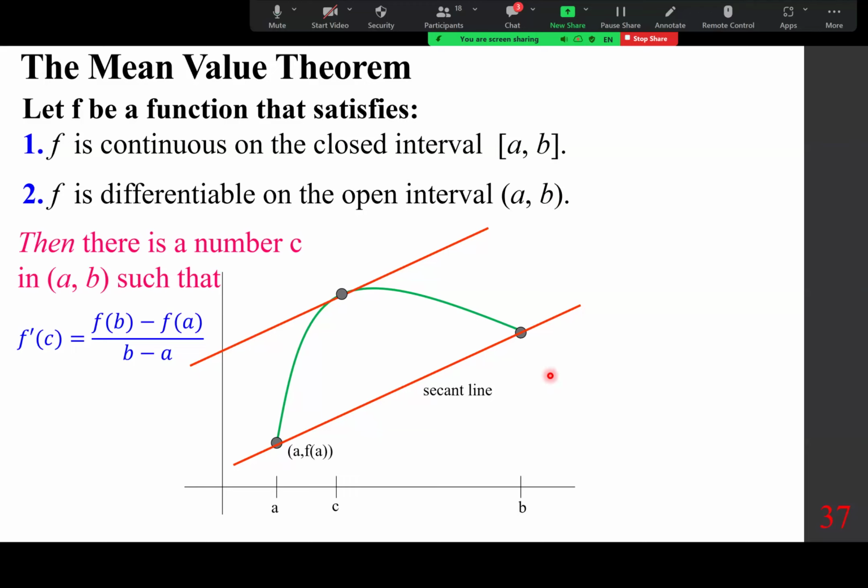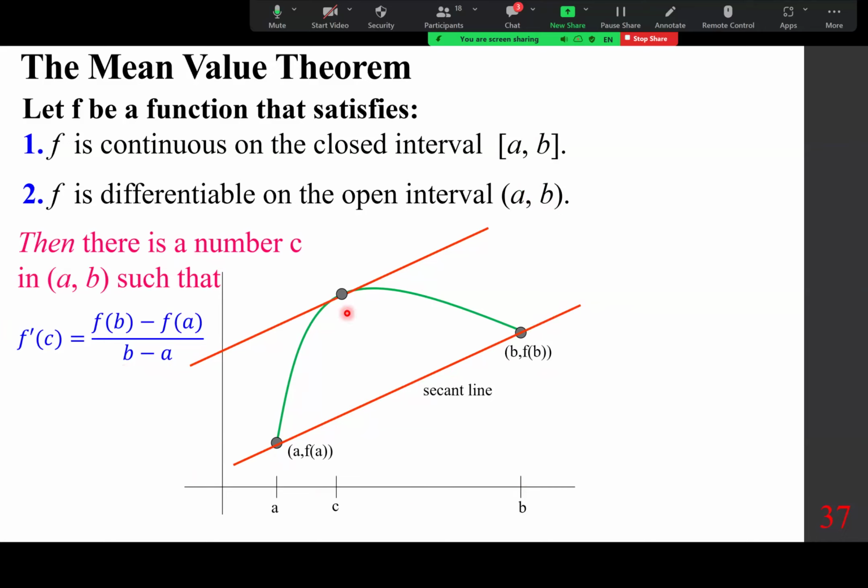So this one has coordinates a, f of a. This one has coordinates b, f of b. And if you want to calculate the slope for given 2 points, you get this one. The slope of this secant line is this, everybody. And we are claiming there must be a line, because this is continuous and differentiable, parallel to this line, somewhere in between.